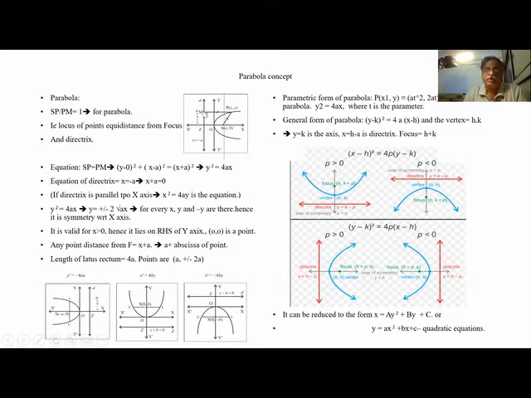What are these coordinates? These coordinates are x is minus a and y is y, because it is a perpendicular. So y minus y is 0, and x minus of minus a is x plus a. So x plus a whole square is equal to, if we simplify this, we get y square is equal to 4ax.